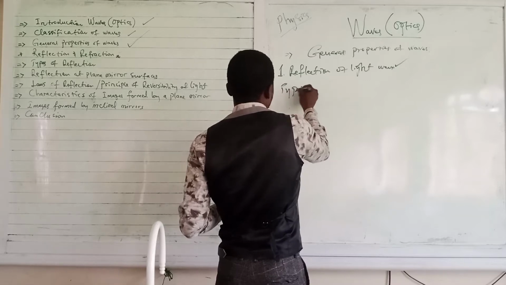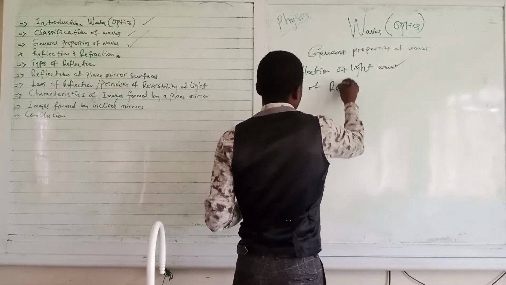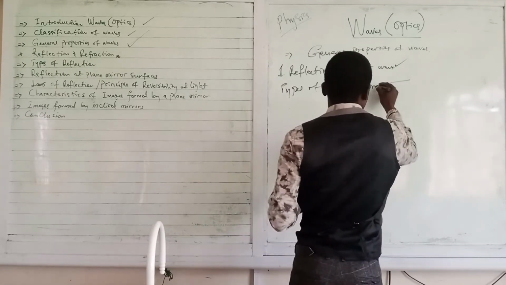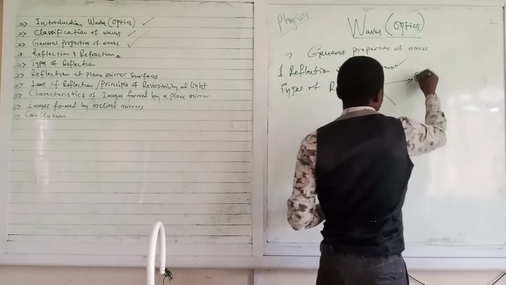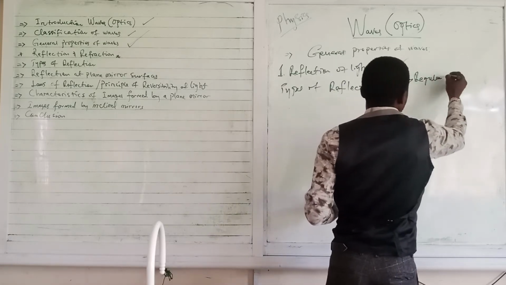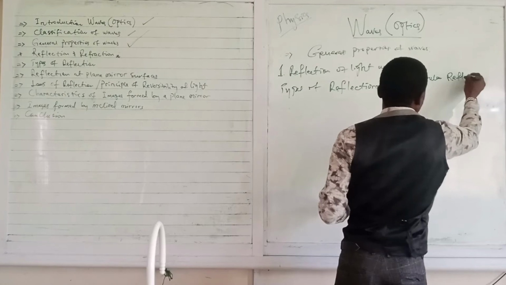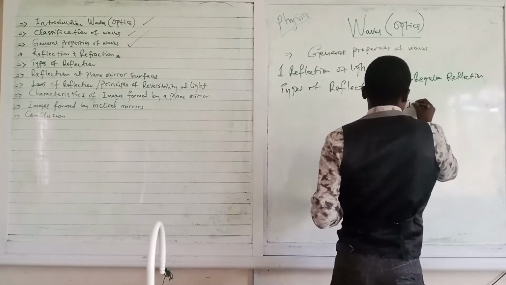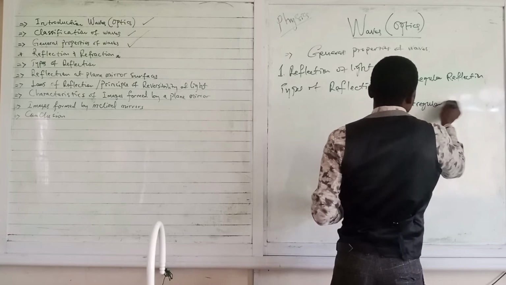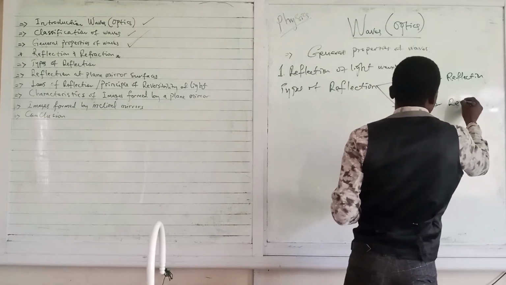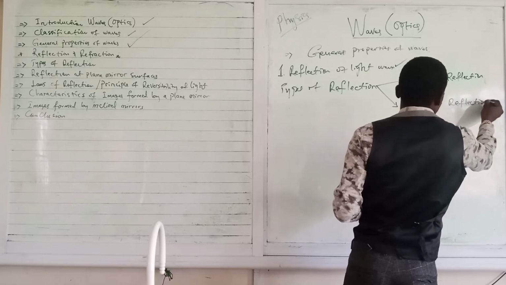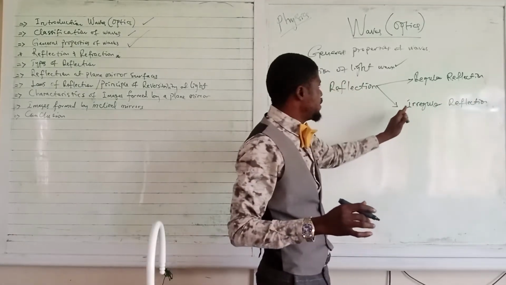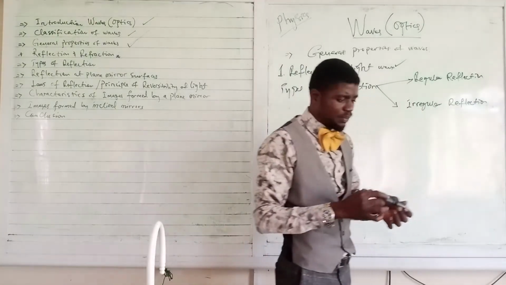Under types of reflection, we have the regular reflection, or uniform reflection, and the irregular or scattered reflection.